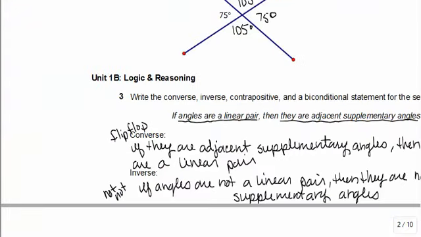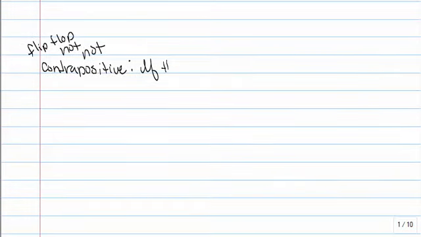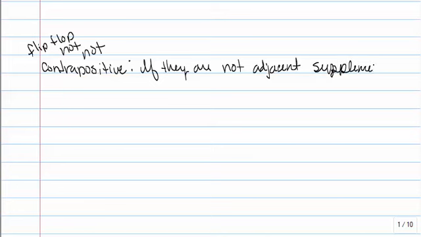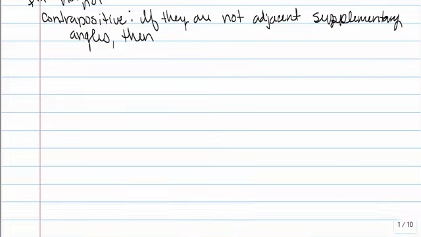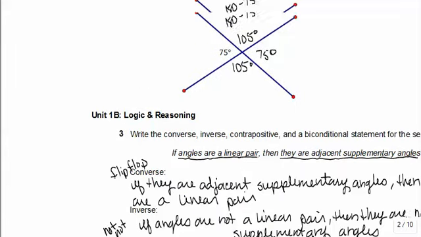So if they are not adjacent supplementary angles, then they're not, then the angles are not a linear pair.